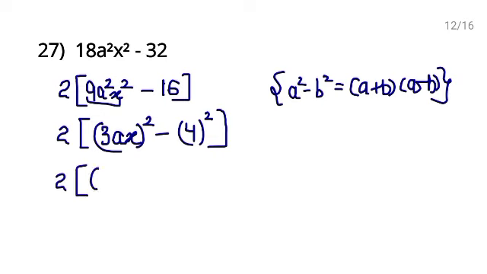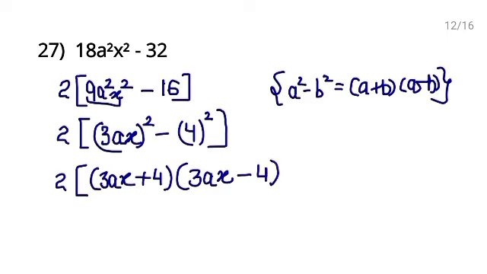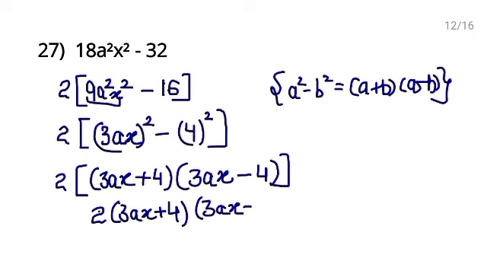In the bracket, a plus b: what is a? 3ax plus b is 4, into a minus b: what is a? 3ax, which is the base of the first term, minus the base of the second term, 4, right? Now open the bracket. This is 2 into (3ax plus 4) into (3ax minus 4).